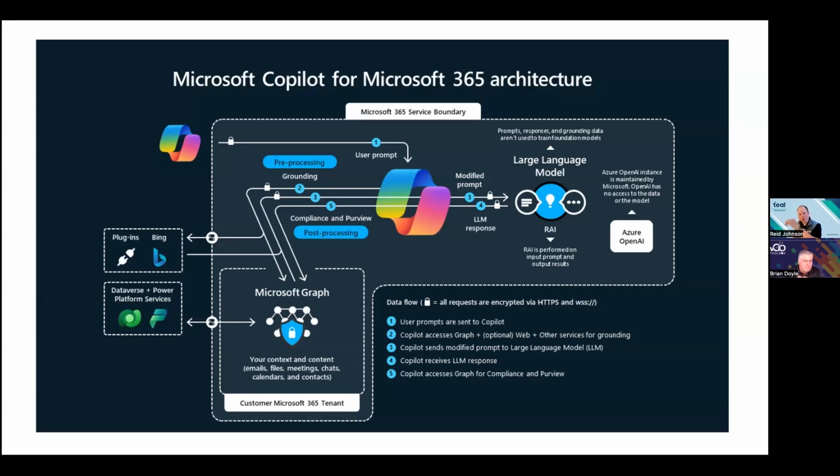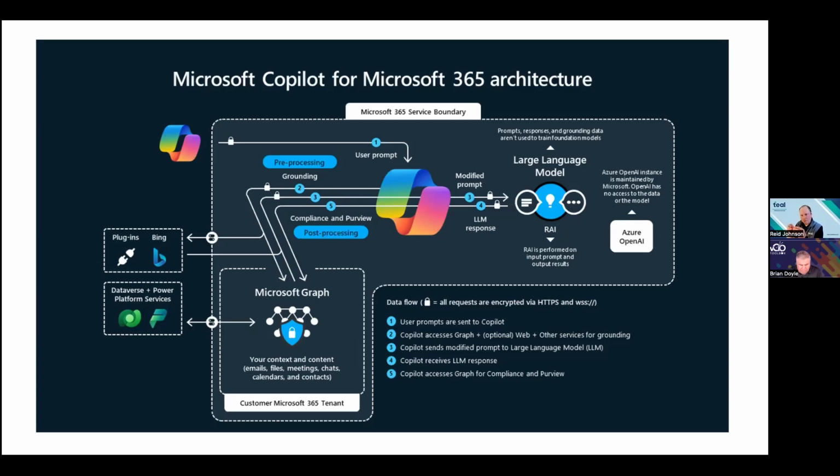That prompt is going to go into Copilot, and it's going to get pushed over and interacted with the Microsoft Graph. There's a process called grounding. And that grounding process is really where the graph provides extra context to your prompt to make it easier for the AI to interact with.